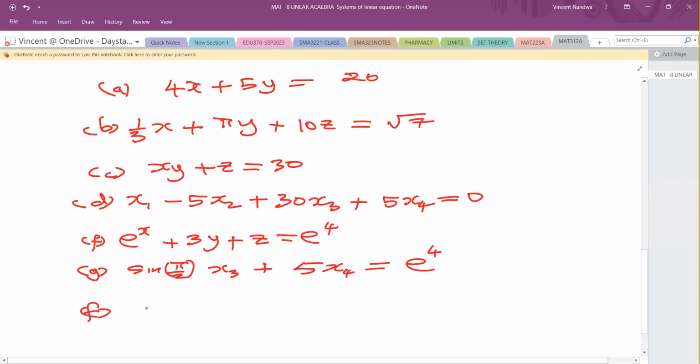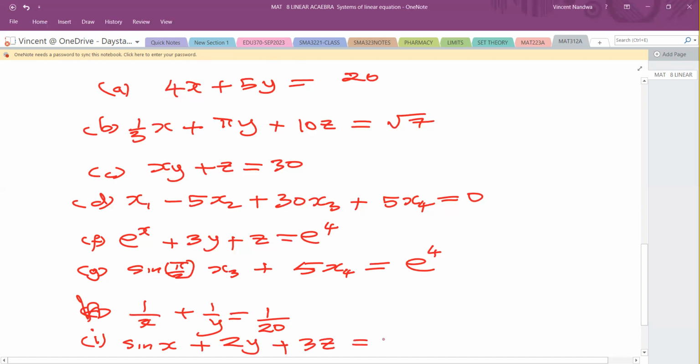G: 1 over x plus 1 over y equals 1 over 20. H: sin x plus 2y plus 3z equals 3.